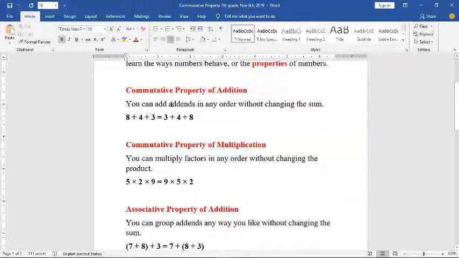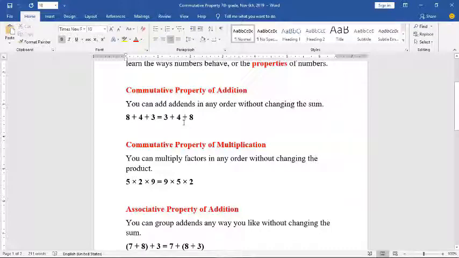You can add addends in any order without changing the sum. I have 8 first, 4 second, and 3 last. And on the other side I have 3 first, I change the order, 3 first, 4 second, and 8 last. Both ways, I'm going to have the same answer. I will have 15 there and 15 there.